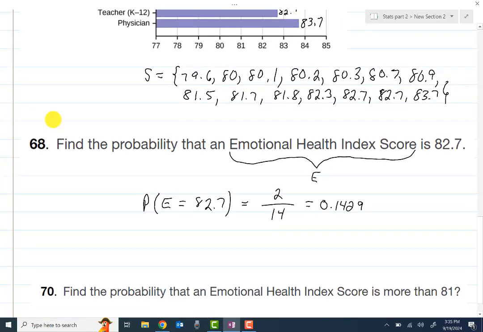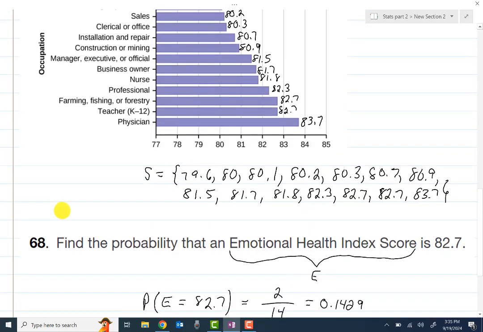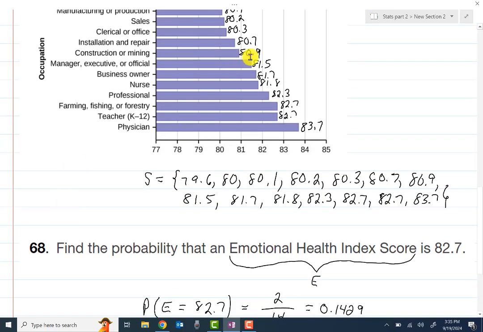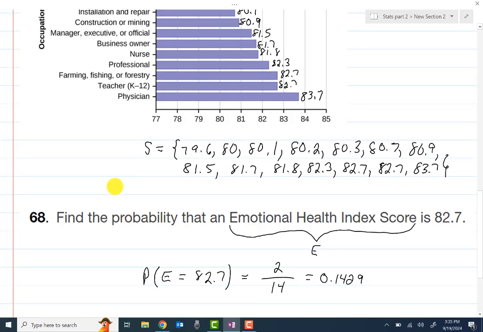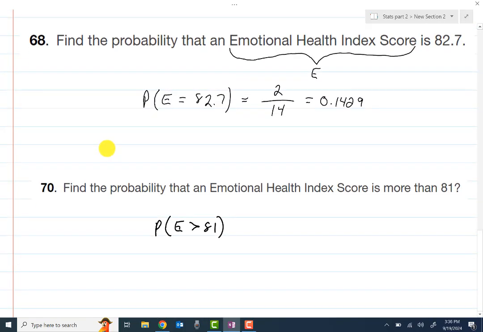You can do it from the numbers, but the picture is probably going to be easier. If I look, any of these bars that go from 81.5 and higher are all going to count. So I have 1, 2, 3, 4, 5, 6, 7. I have 7 of those out of a total of 14, and you'll find that this equals 0.5.